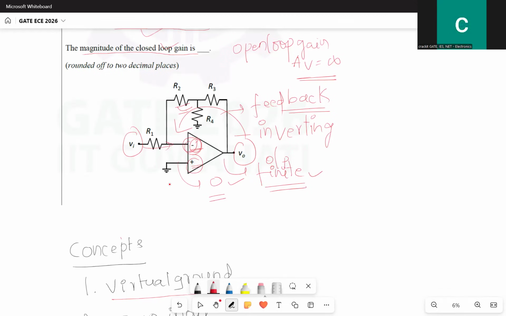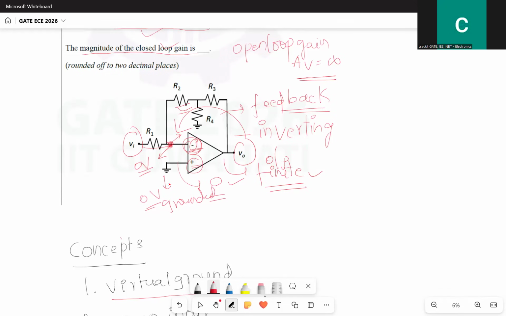So if the non-inverting terminal is grounded, which is 0 volt, the inverting terminal also should be 0 volt to make the differential input 0. I hope you are getting it that this concept is called the virtual ground concept.